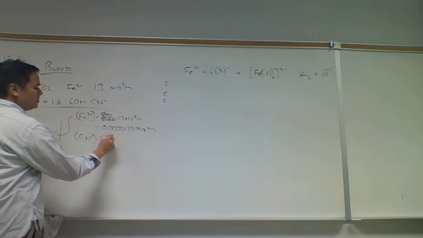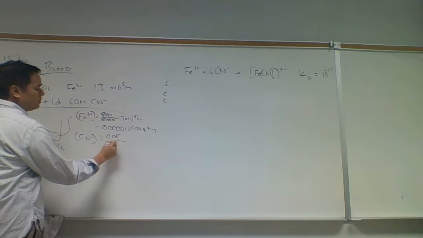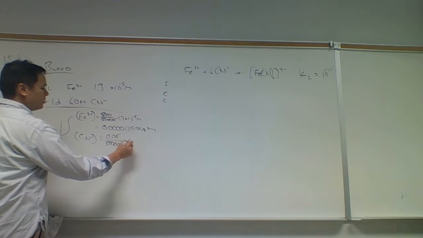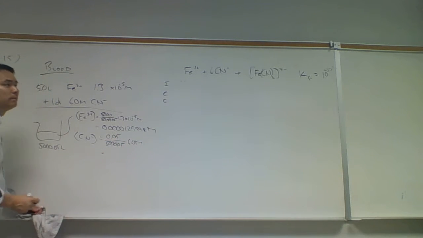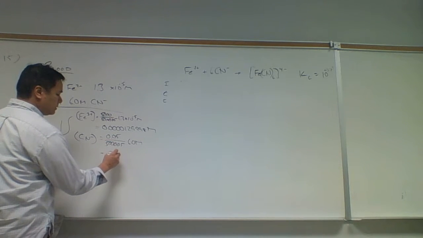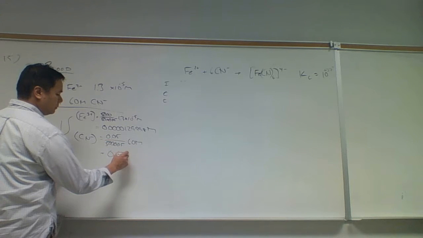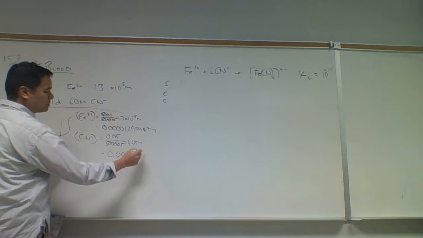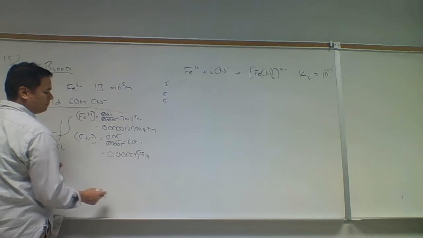The cyanide is going to be a huge dilution, 0.05 over 5,000, a 0.05 dilution of 6.0 molar, which is going to give us what? 0.0000599.